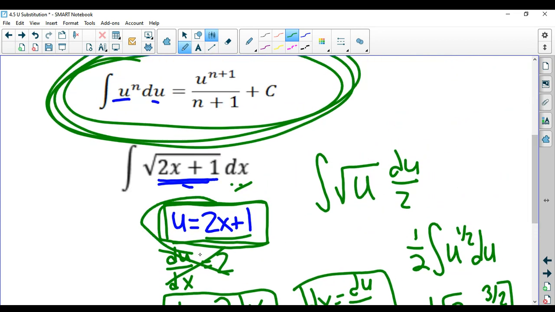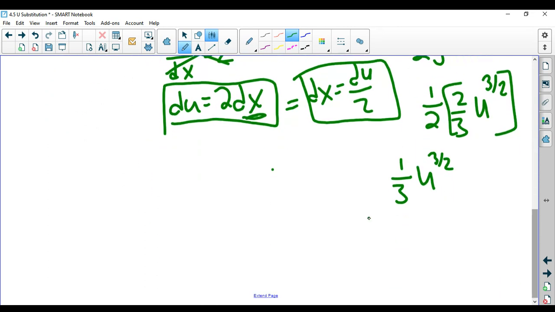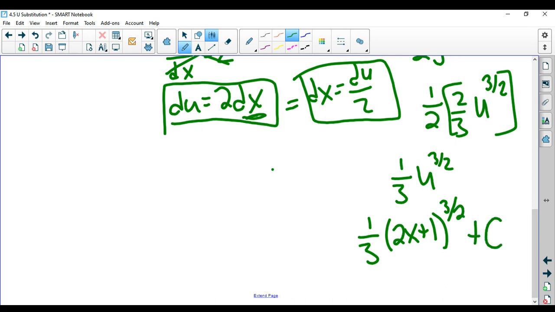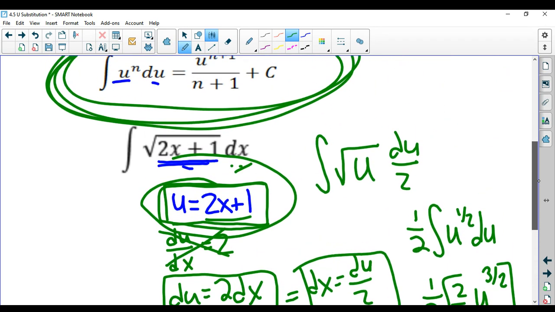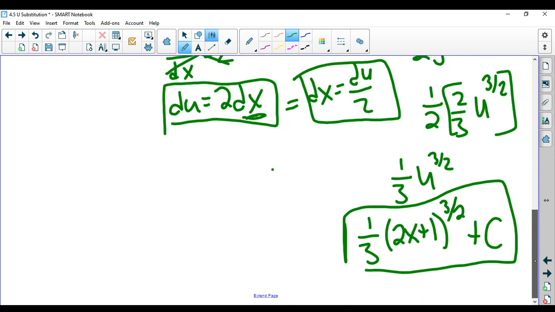So remember, we said u is 2x plus 1. So the last step is to plug that back in. And since I'm done, I'm going to add my plus c because it's an indefinite integral. And that is the integral of the square root of 2x plus 1.